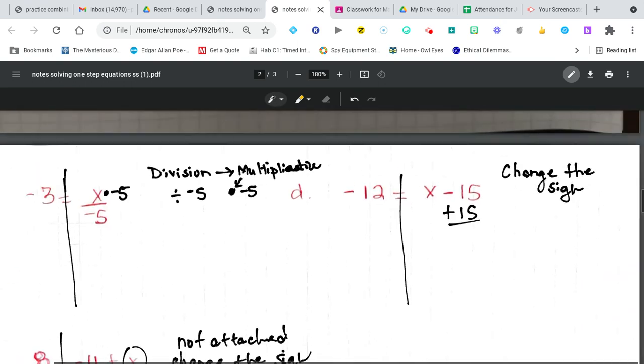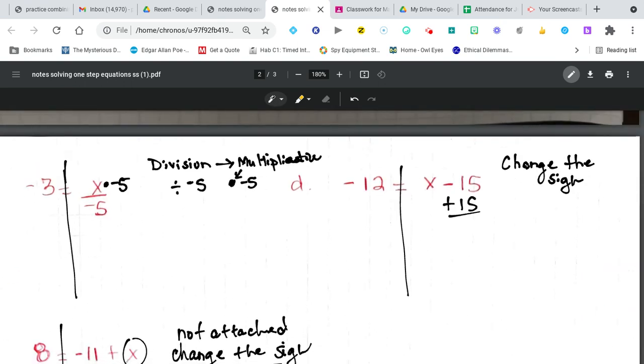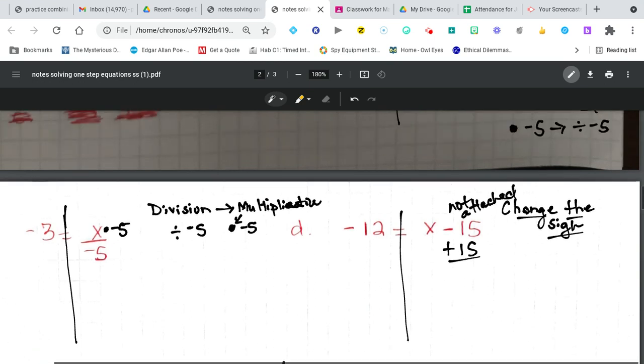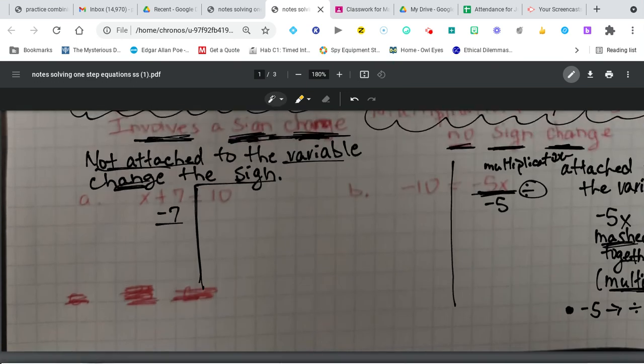The 15 was not attached. Change the sign. This +7 was not attached to the X. So all we did was change the sign. That's it.